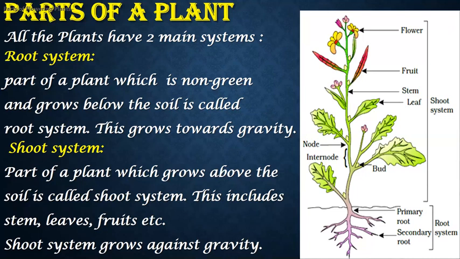This grows towards the gravity. Shoot system, part of a plant which grows above the soil is called shoot system. This system includes stem, leaves, fruits, etc. Shoot system grows against the gravity.